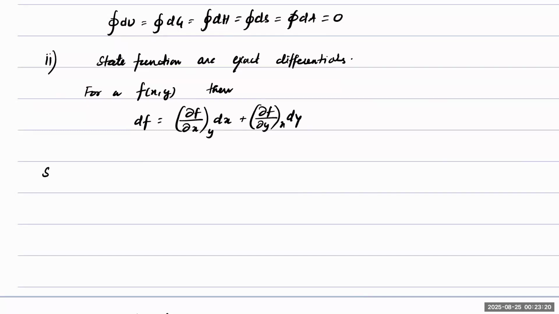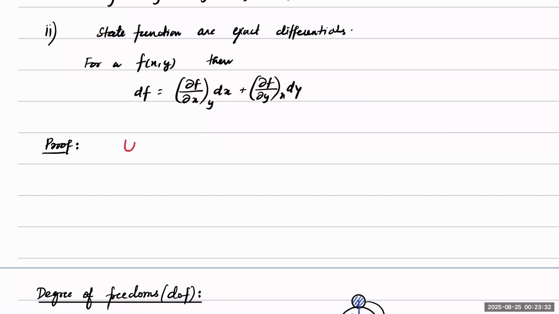Okay, proof. So I'll try to help out the proof with an example here. Please check how we can see this. Imagine I have internal energy U equal to, let's say, 30 plus PV. This is how it is dependent. Some equation is given to you.